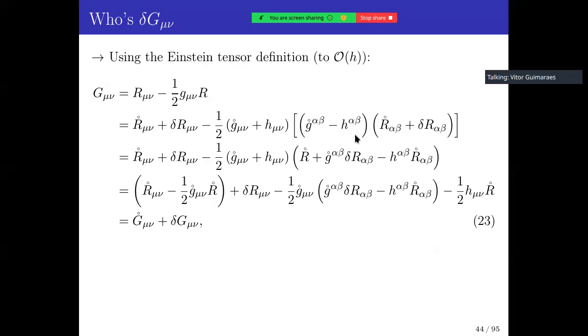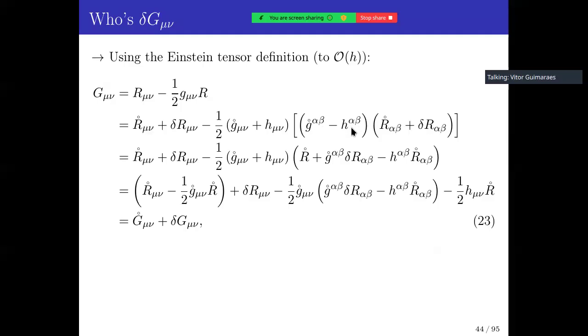What we are doing is just opening this up as g mu nu inverse contracted with R mu nu, or rather g alpha beta inverse contracted with R alpha beta, exactly what is happening here. So note that if we do this distribution and contract this with this and this with this, we are okay.